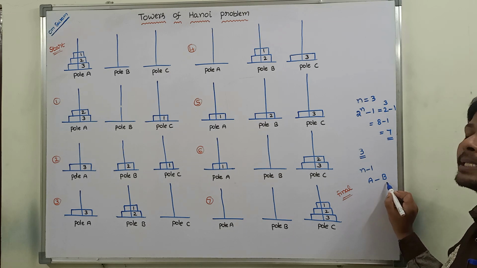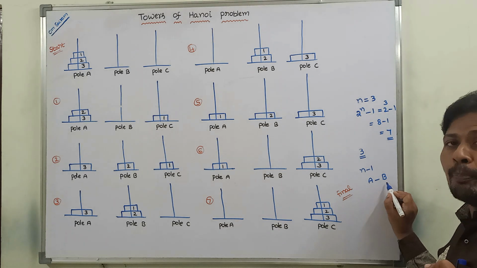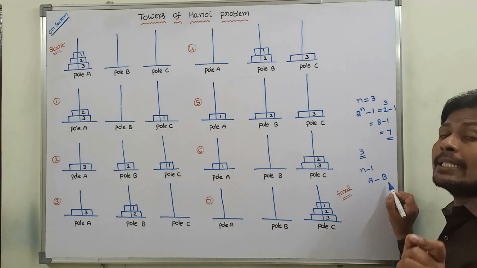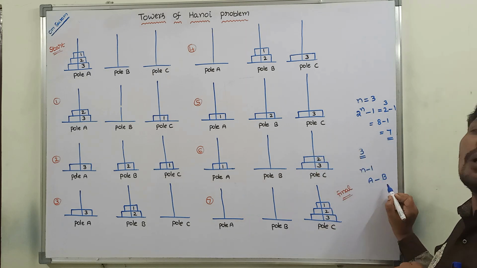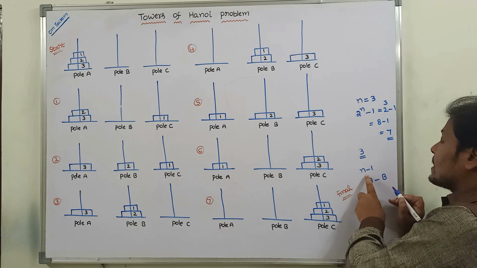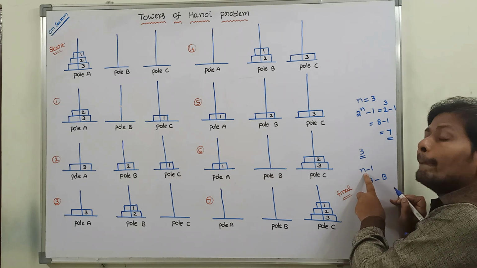The intermediate pole is B. What is the target pole? That is pole C. Now the first step is that n minus 1 discs can be moved from pole A to pole B.